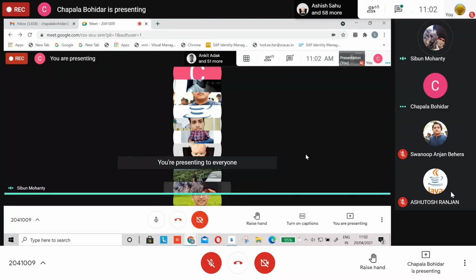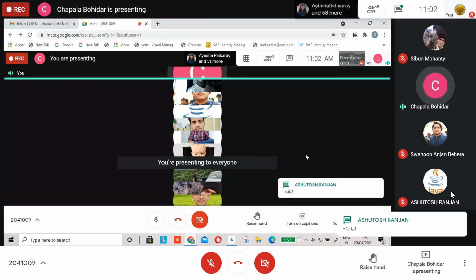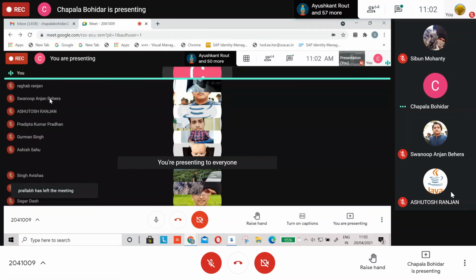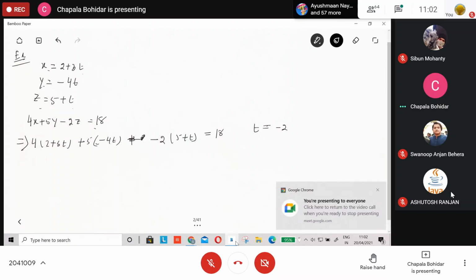Minus 4. Very good. Therefore, the point of intersection you have to write down. T is equal to minus 2.